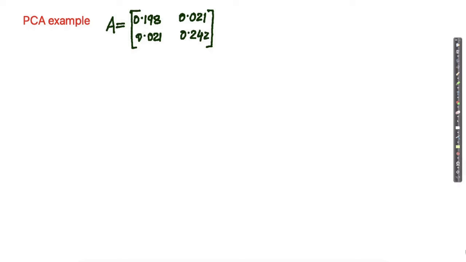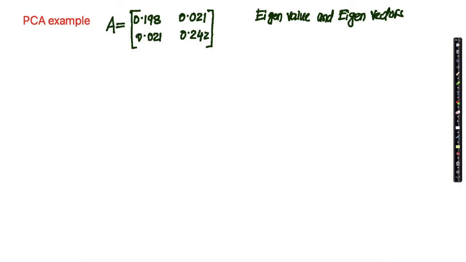So far, in the computation of PCA, we have found that A, the covariance matrix, is given by 0.198, 0.021, 0.021, 0.242. After generating the covariance matrix, now we need to find the eigenvalue and respective eigenvectors.